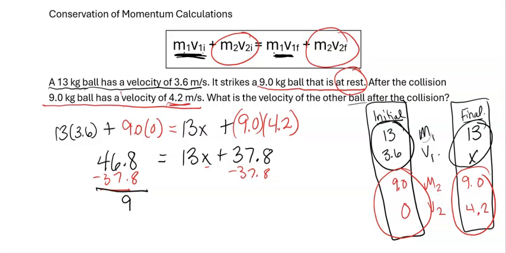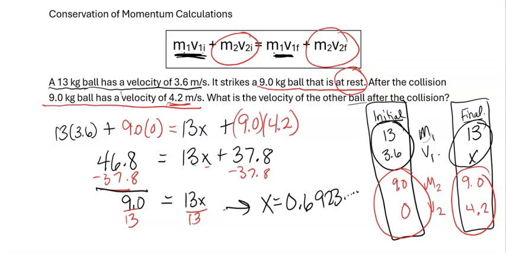And that leaves me with 9.0 equals 13x. And then I'm going to divide both sides by 13, which gives me x is equal to 0.6923, etc. And now I need to go back and look at my significant figures.